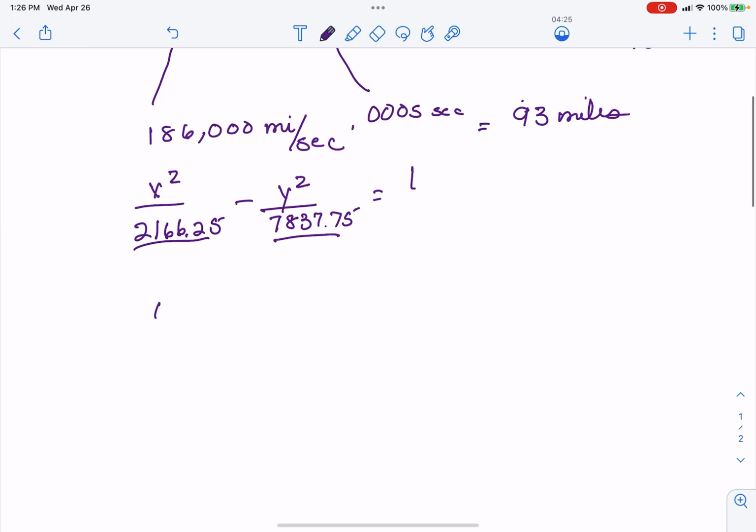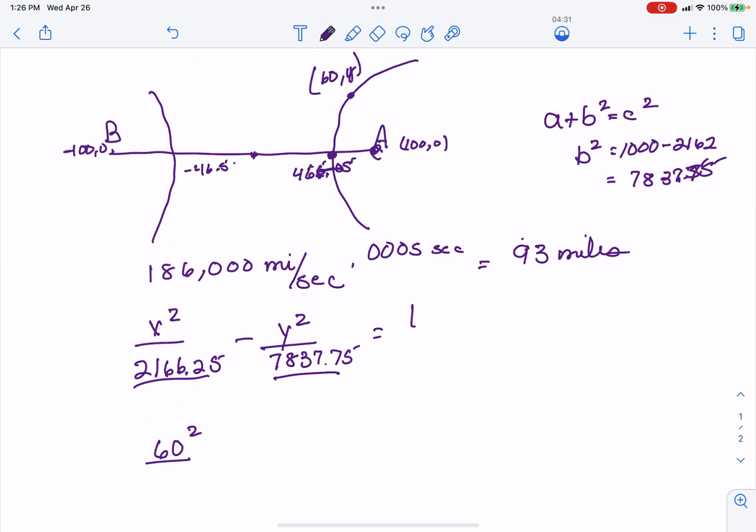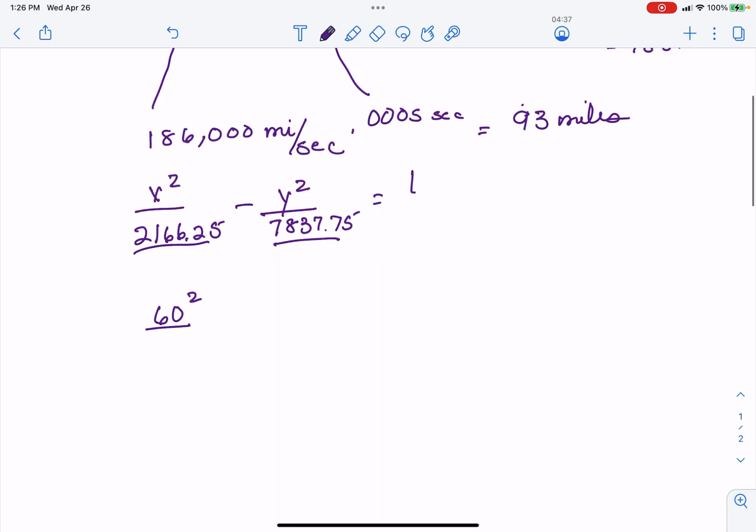I'm going to put 60 squared, and remember where I got my 60. This was 100, and this is 40 miles west of it, so that's 60, over 2,162.25 minus y squared over 7,837.75 equals 1.